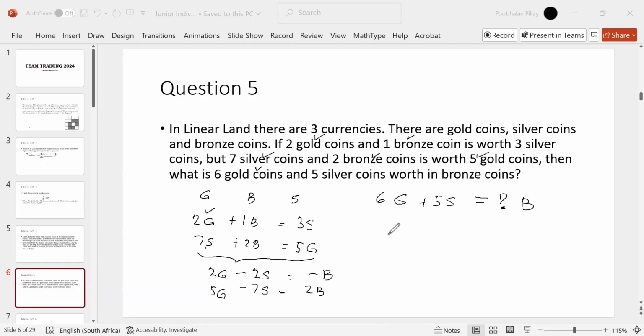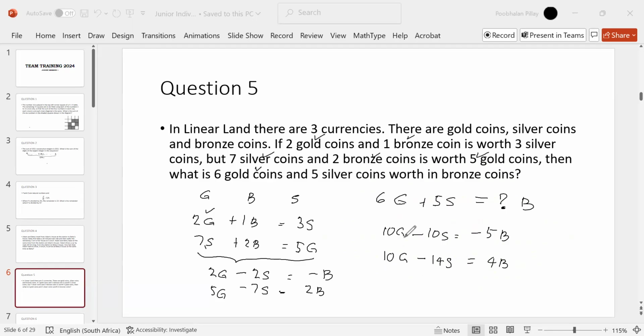So let's multiply the first one by 5: 10G minus 15S... I mean, minus 10S equals minus 5B. You've got a negative sign here. I've got the 10 here, and I want to get a 10 in the second equation. So there you have to multiply this by 2 now, and then you multiply 7 by 2, and 2B multiplied by 2 gives you 4B.